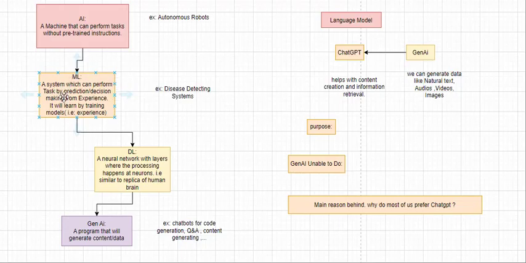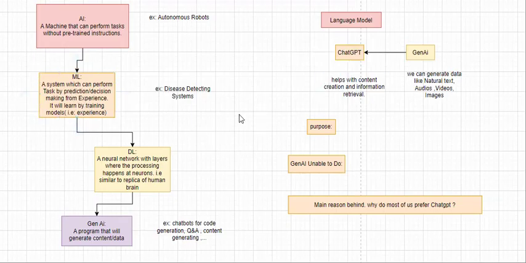This is a system where it can perform tasks based on prediction or decision making from its past experience. So can this ChatGPT perform any task? No, it cannot perform any task. So that's why we can say that this ChatGPT does not fall under ML.